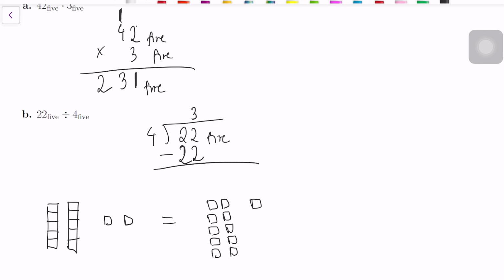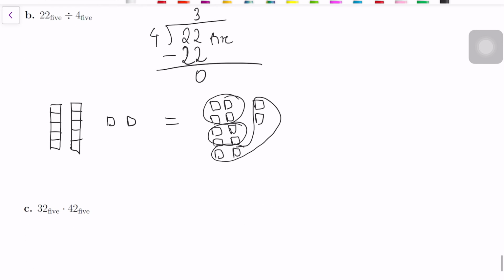Then you group by 4 because you divide by 4, so you see you're going to have 3 sets of 4. So the quotient is 3, remainder is 0, basically 4 fits fully into 22.